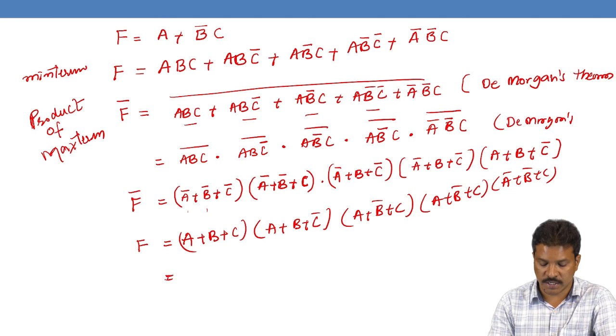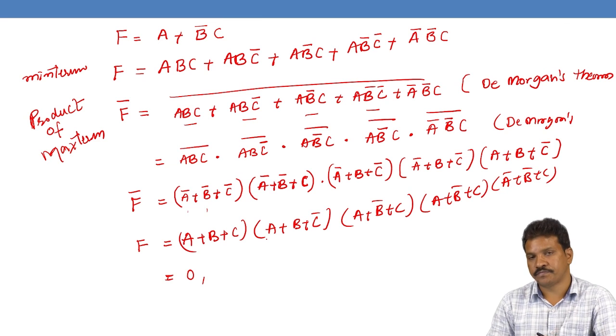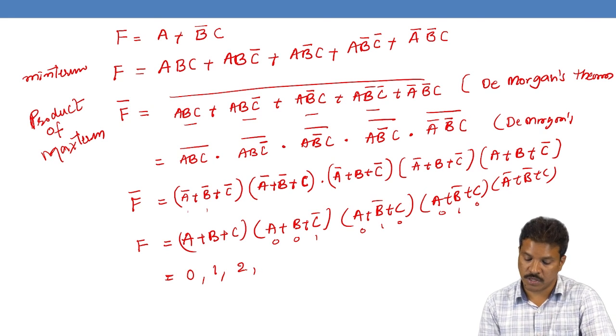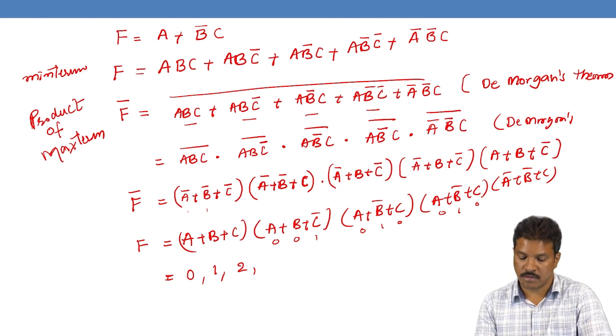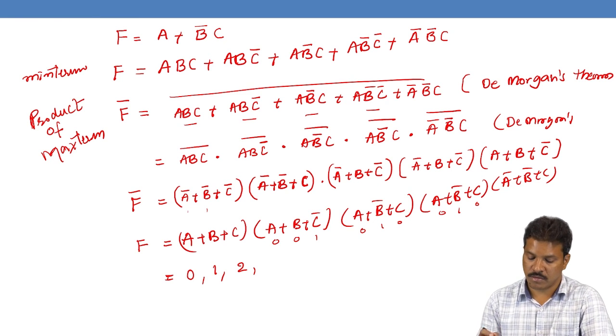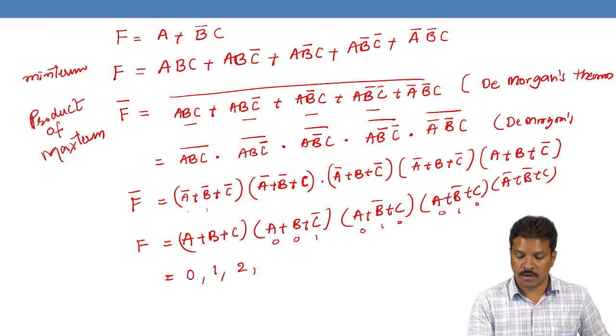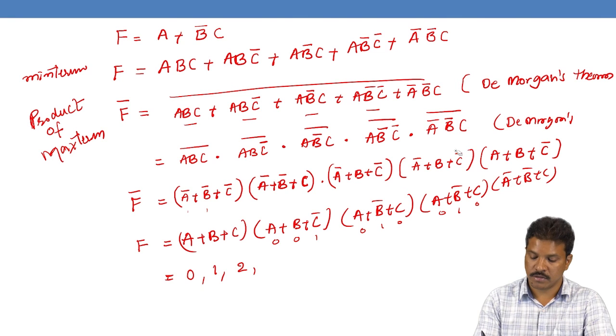Which is represented as max terms: 000, 001 means 1, 010 means 2, A B bar C bar, that means here it is C only.